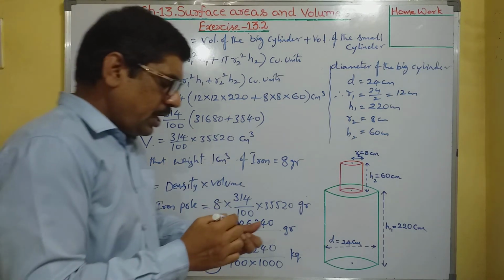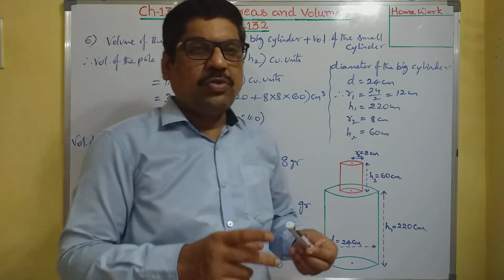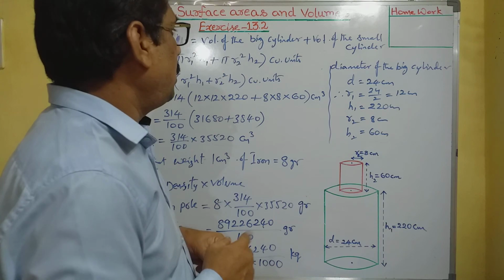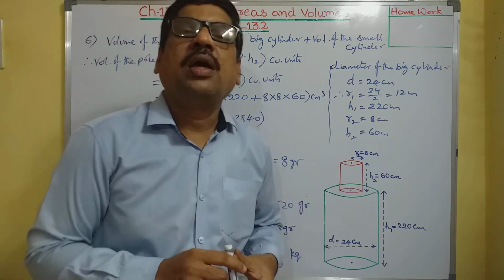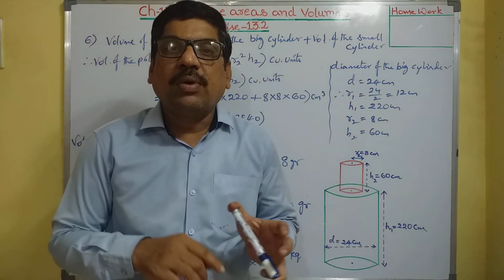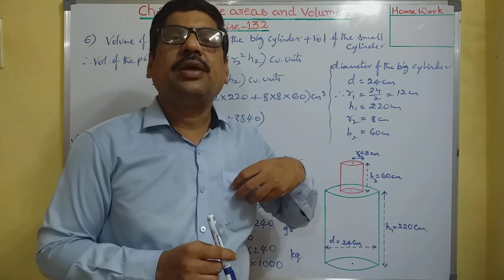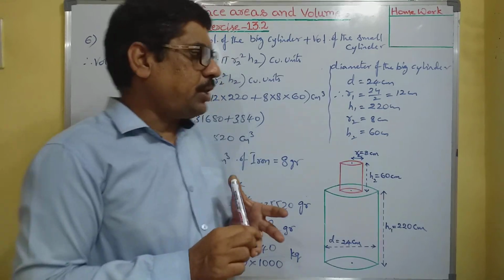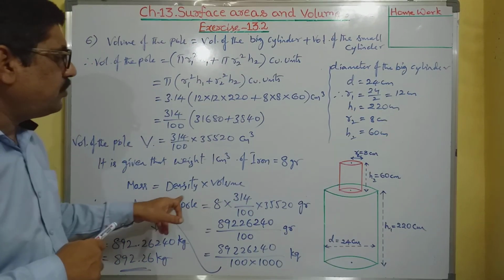Okay, did you understand? We have used only one concept from physics, that is the density formula. D is equal to m by v. Density of an object is equal to mass per volume. From that we found mass is equal to density into volume.